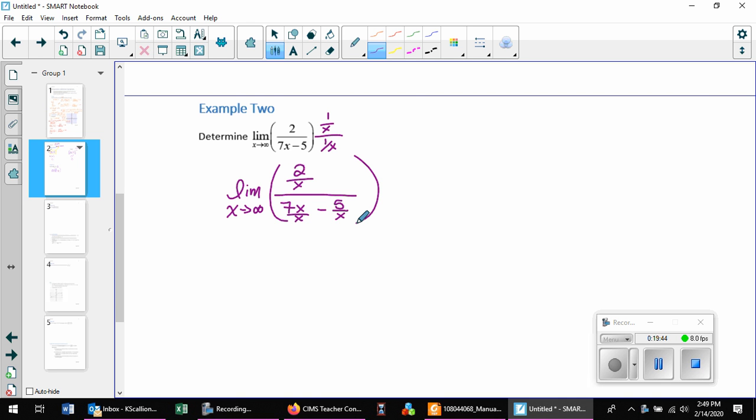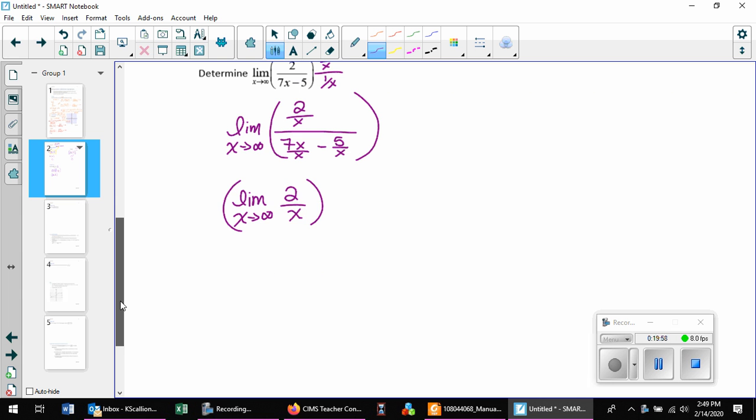All right, so we're going to use limit theorems to bust this apart. So we're going to do the limit of the numerator divided by, oh, and these x's cancel each other. Are you guys okay with that? I just do that quickly. Or I move on, I'm being lazy. I don't want to write it all out.